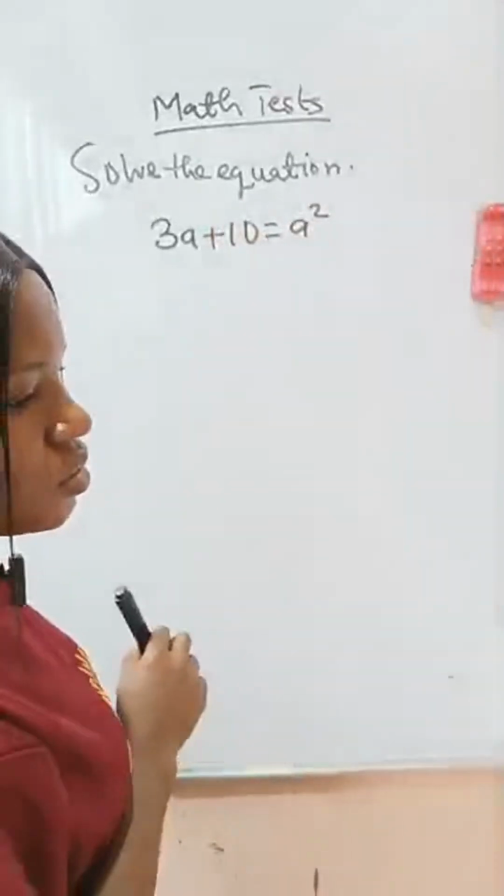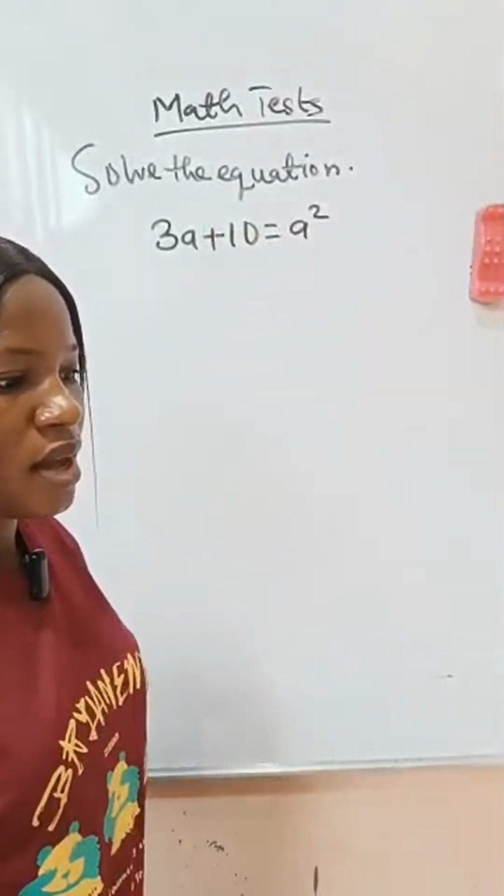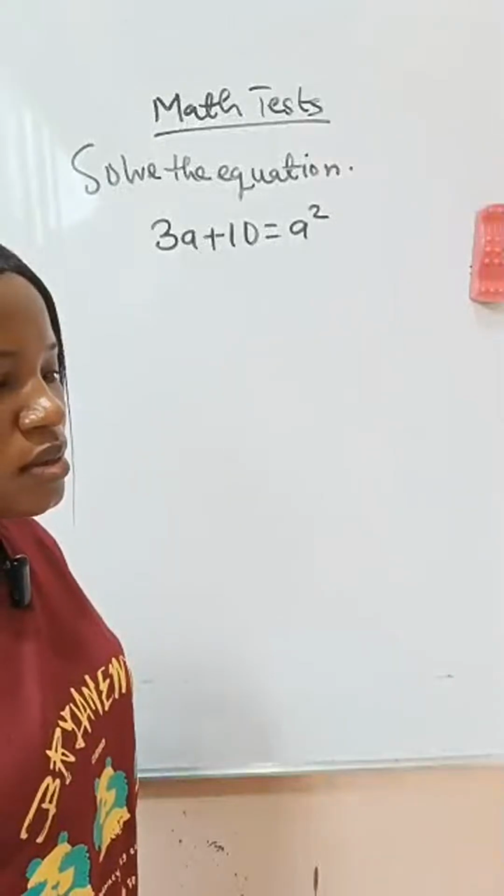So we're asked to solve the equation 3a plus 10 is equal to a squared.